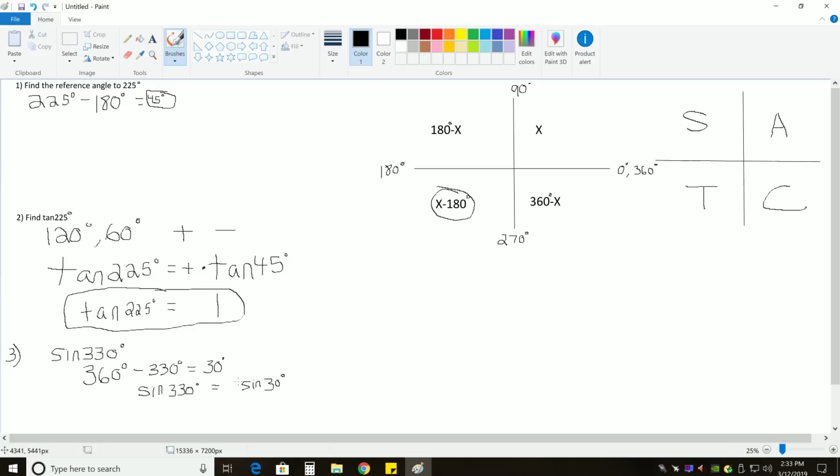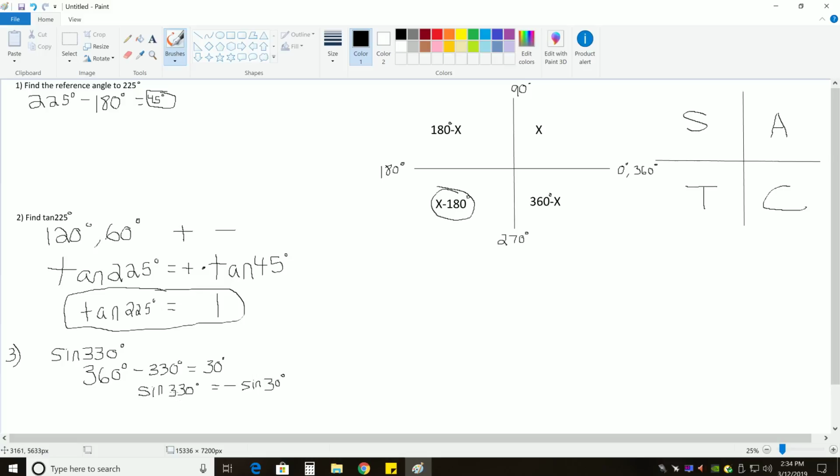But hopefully you thought to yourself, wait, we skipped a step, because we did. We still have to fill in this gap here that I left empty for whether it's positive or negative. So again, 330 degrees we said is in quadrant 4. In quadrant 4, only cosine is positive, which means sine is negative.